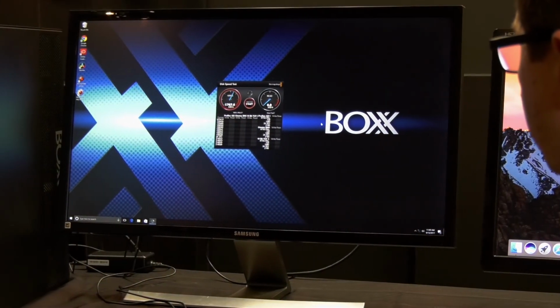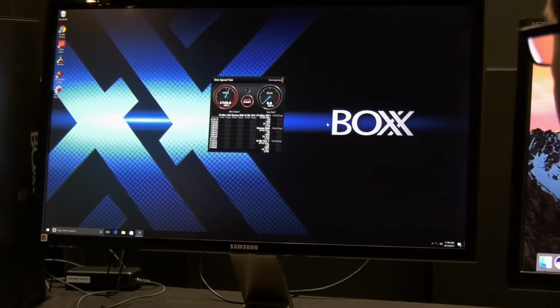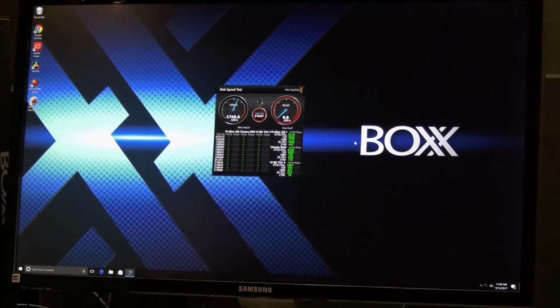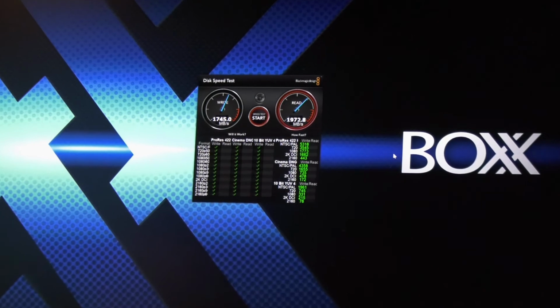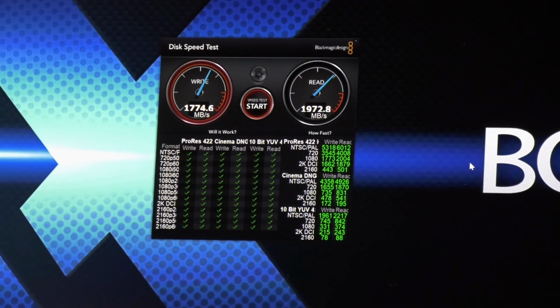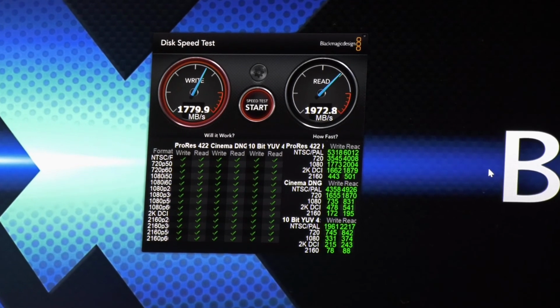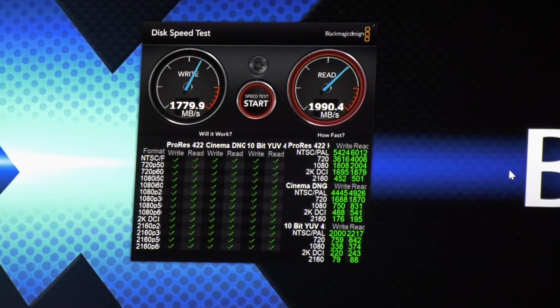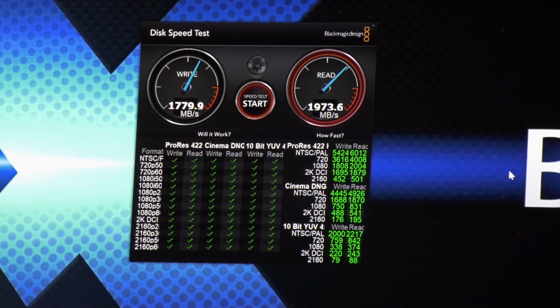So I'm just going to show that we do have the advantage of a faster SSD, which is a standard SSD configuration that you can get with the BOXX system.